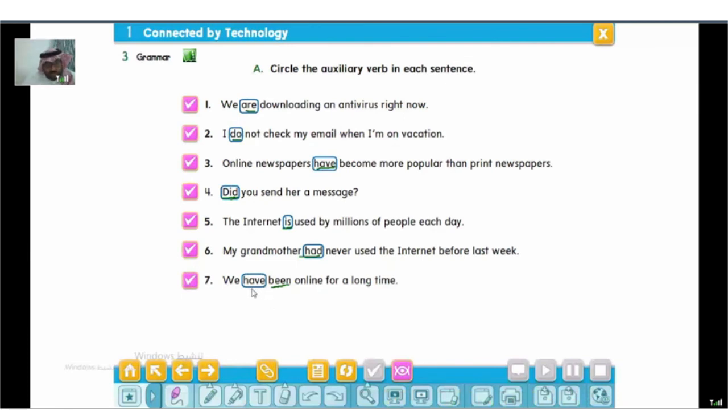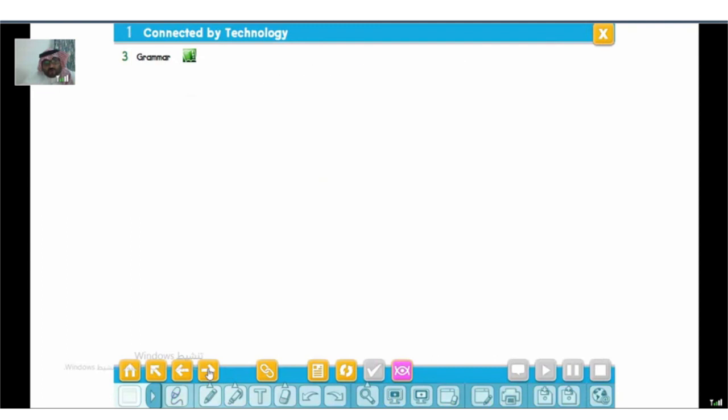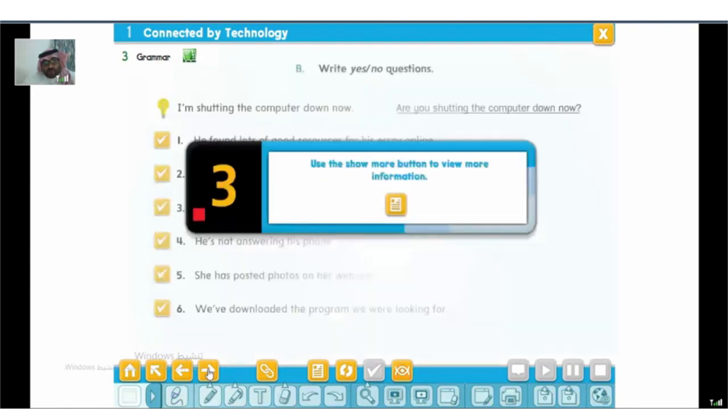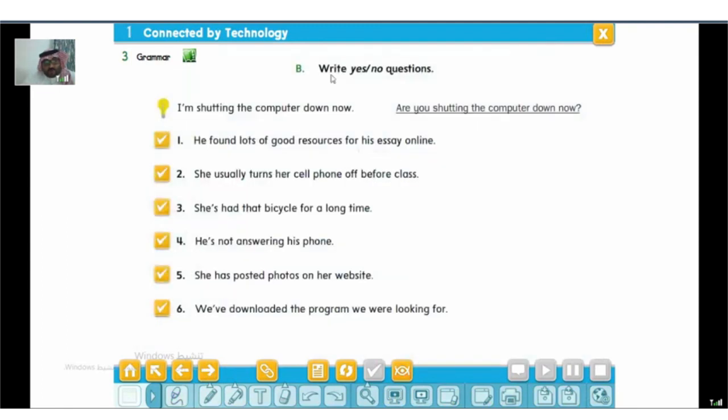Okay, now let's move on to the next part. Yes/no questions. Look at this sentence. I am shutting the computer down now.